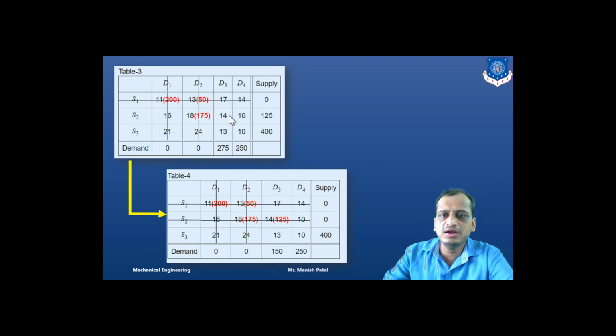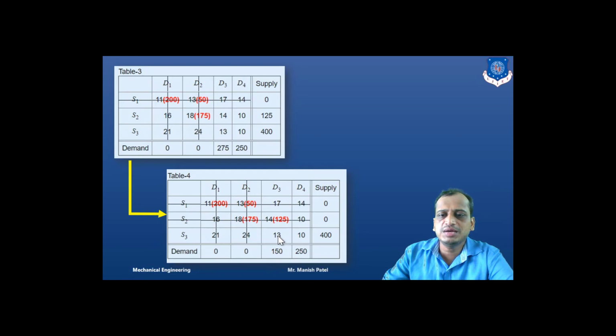If you allocate 125 here, the supply side is finished, so we put 0 here, and 275 minus 125 comes out to be 150. Here now 150.